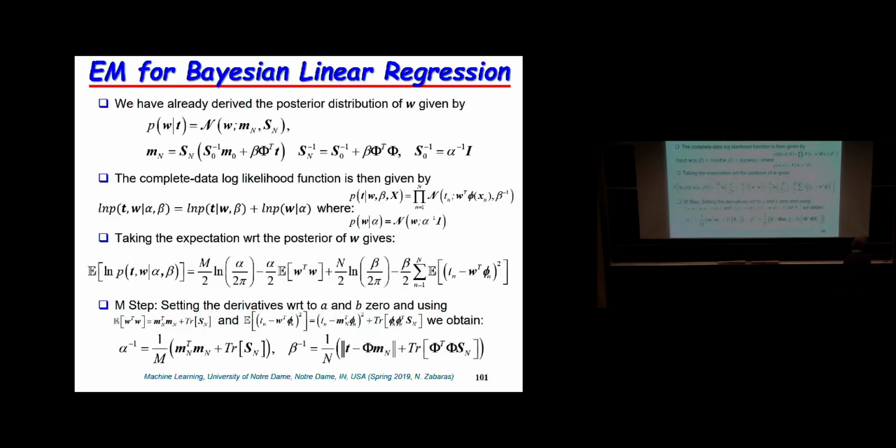And then, when I put this joint log likelihood together, I am ready to take expectations with respect to what now? Before, when we did the general framework, the expectations were with respect to what variable?